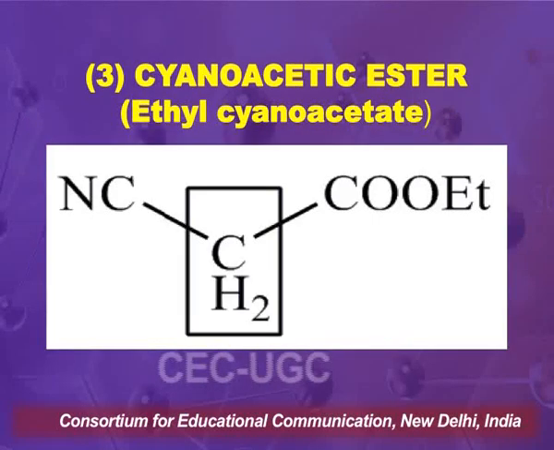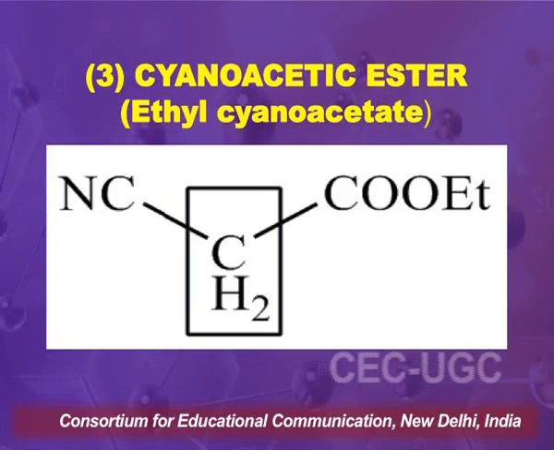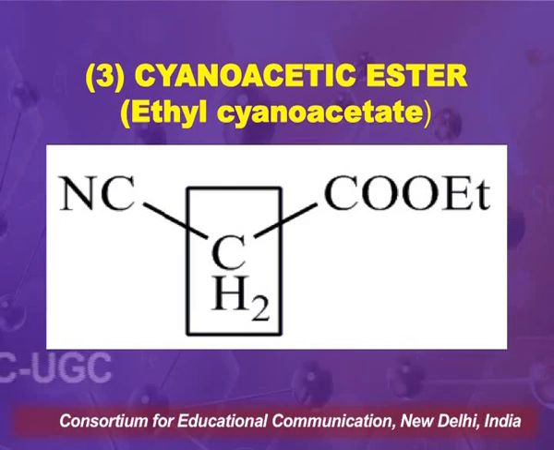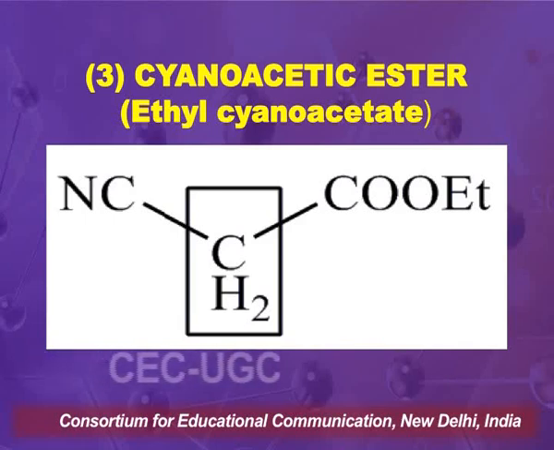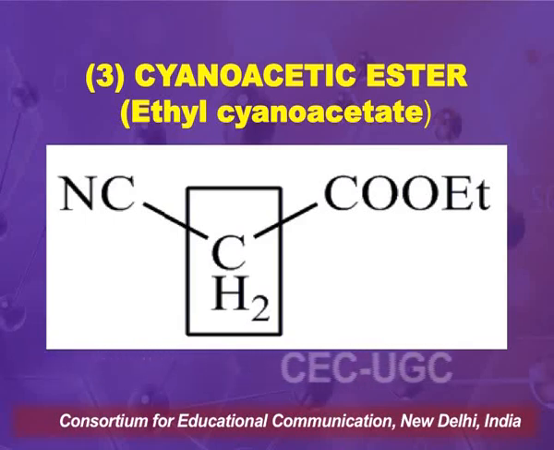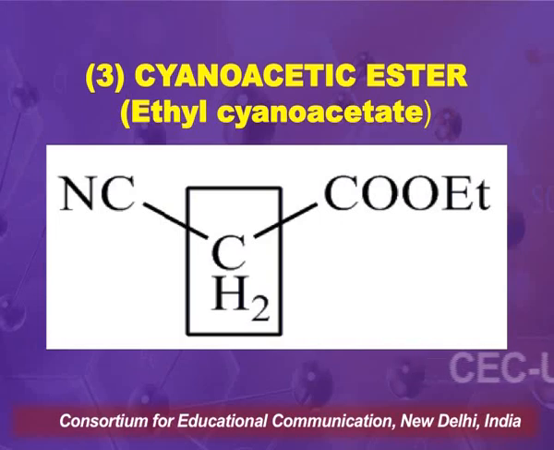The next compound that I have shown on your screens is that of a cyanoester. What you can see in this case is ethyl cyanoacetate. And in this case, again, the two electron withdrawing groups are COOEt, the ethyl ester group, which is again an ester, and here we have a cyano group.